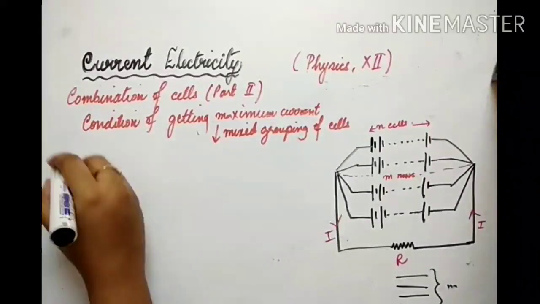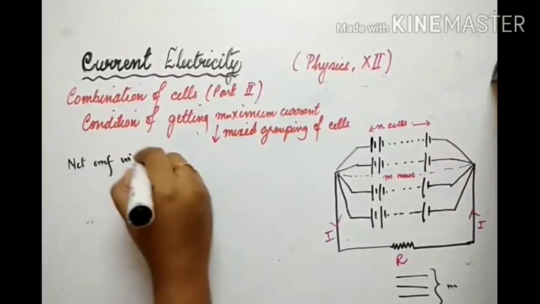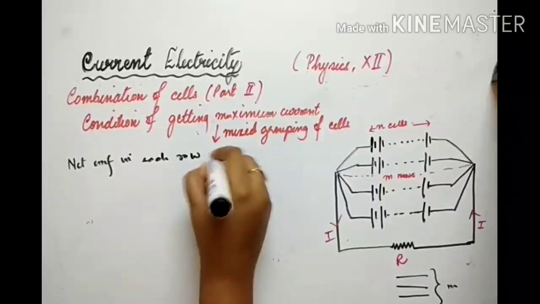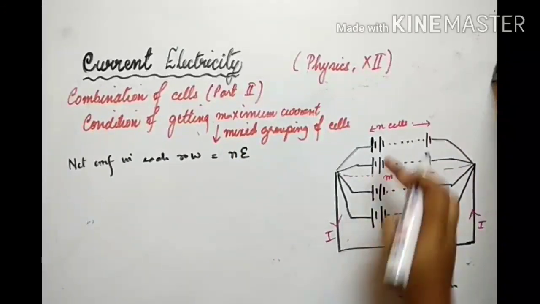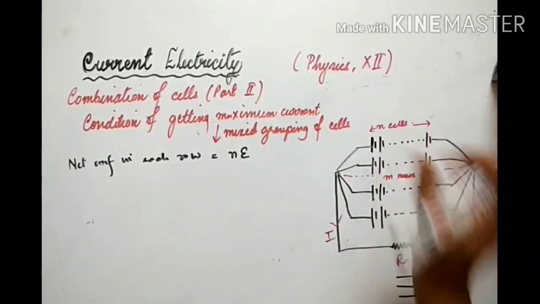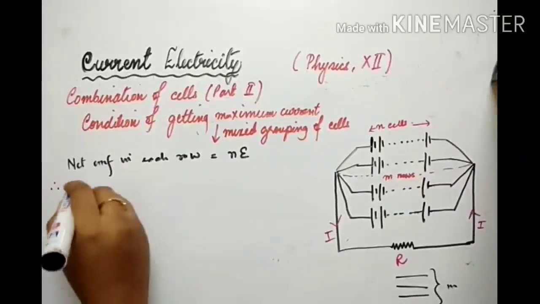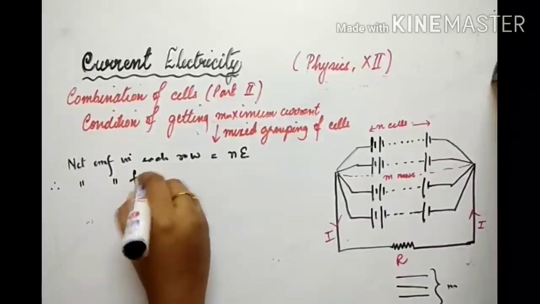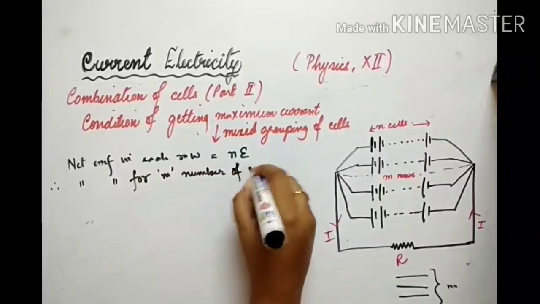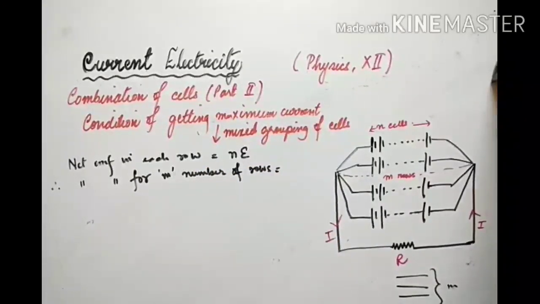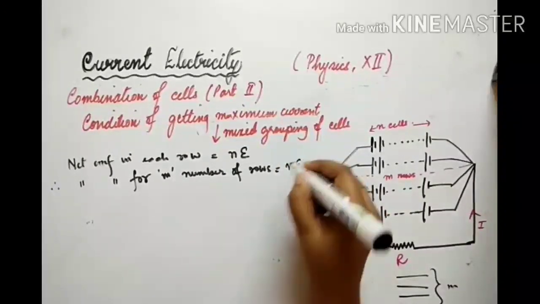So in this case, the net EMF in each row will be what? We have done this: n times E. We add all the E's, and if there are n number of E's, we get n times E. Therefore, the net EMF for m number of rows will also be n times E. Why?